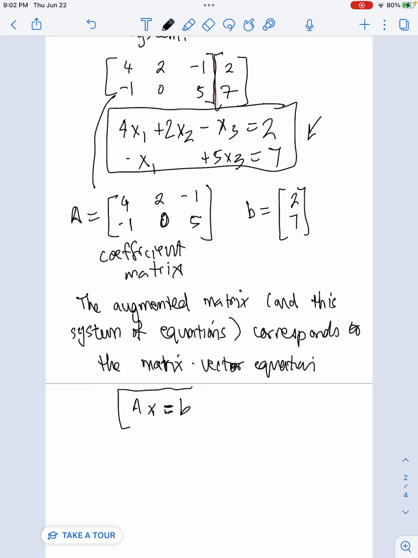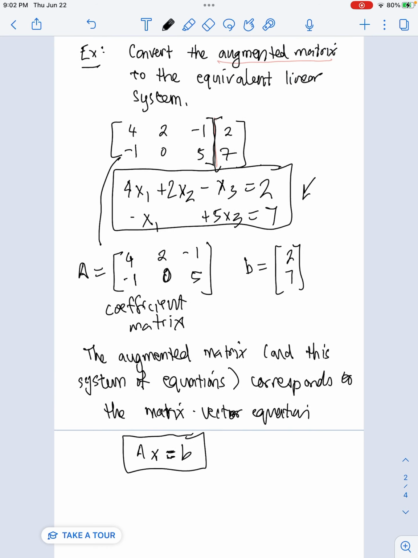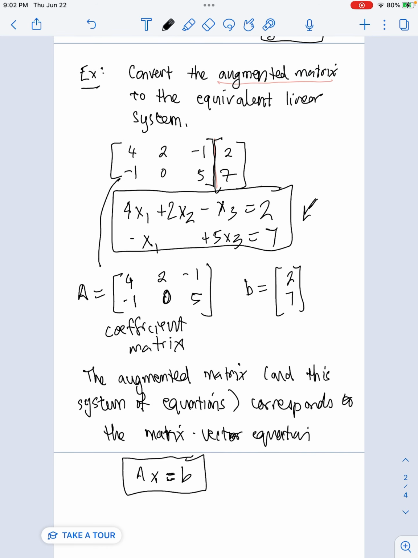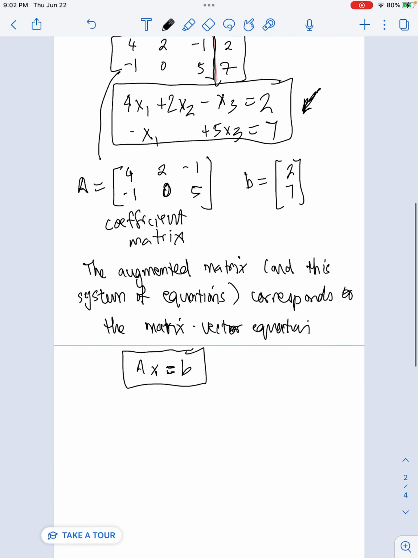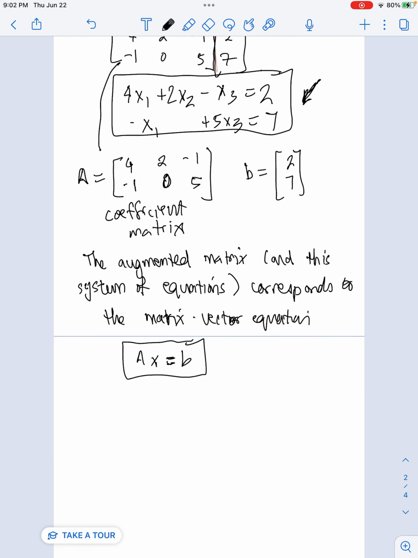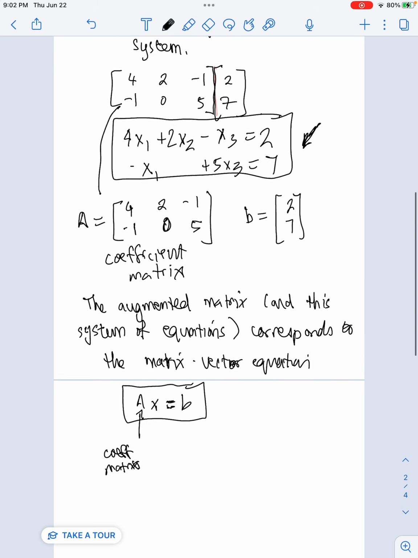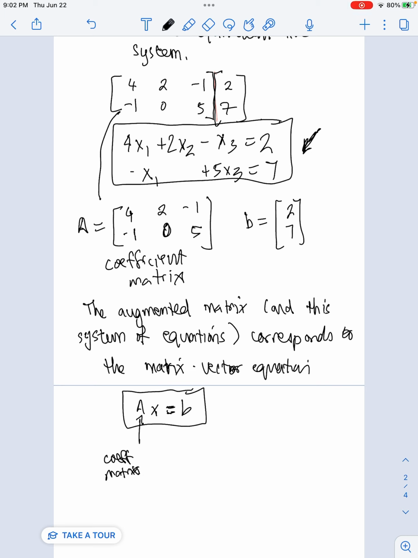So basically, whenever you have a system of linear equations like this, you can always rephrase it as an equation where you have this coefficient matrix and then you have the vector B, which corresponds to these constants on the right, and that's the thing that we're trying to solve.